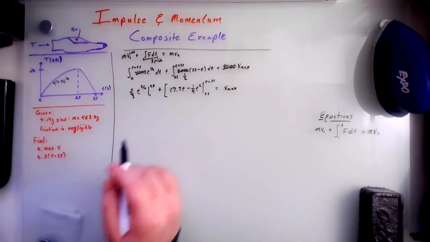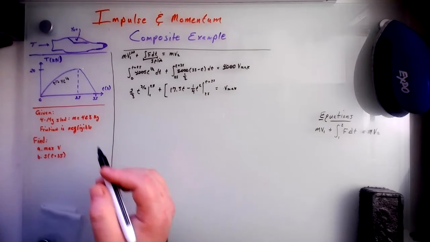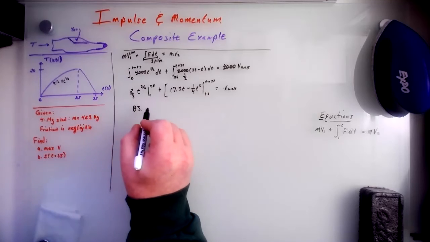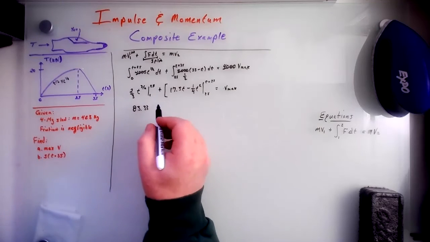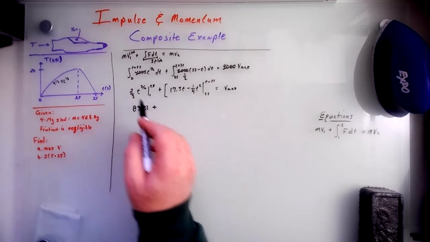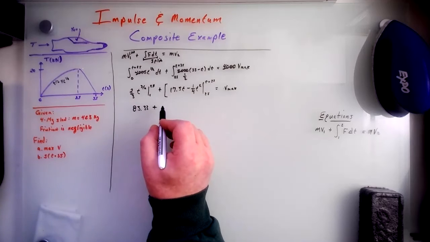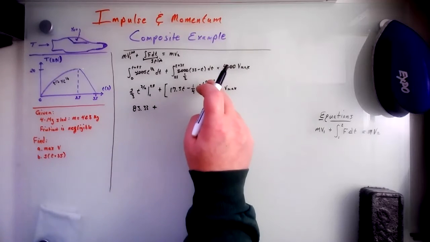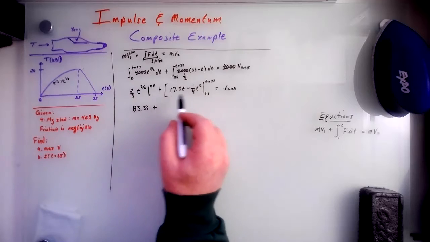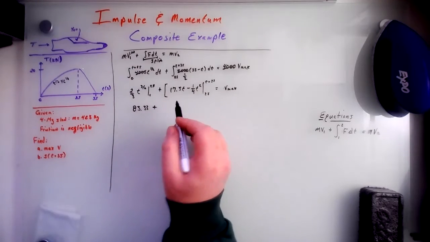When I run this through the calculator, I get 83.33, plus, and I'm going to keep the t, because I need to turn this into an equation I need in the second part, and then I'll solve it.